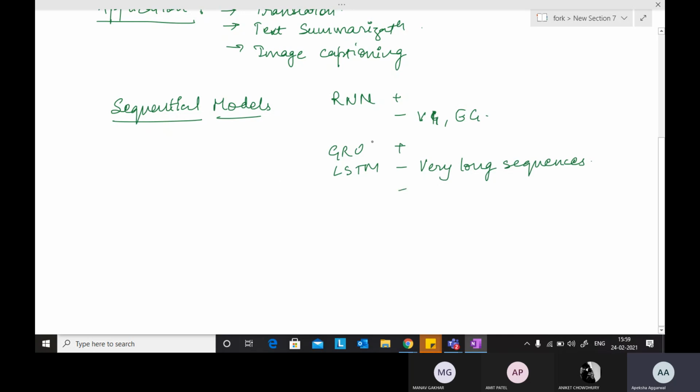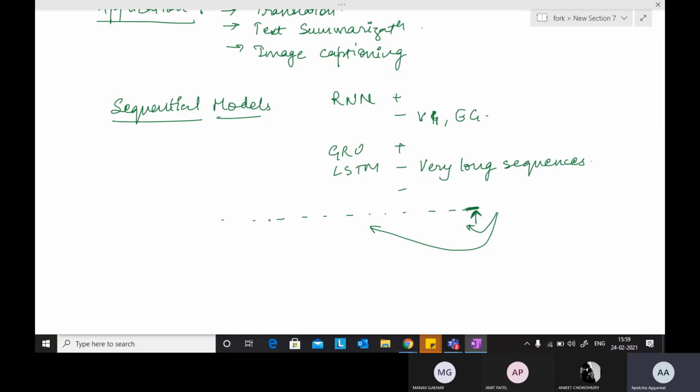The second disadvantage of these models was, suppose we have a very long sequence, the last word in the sequence was given more value, because if you keep on multiplying, it gives more value to whatever comes recently instead of whatever came much earlier than the word we are predicting.